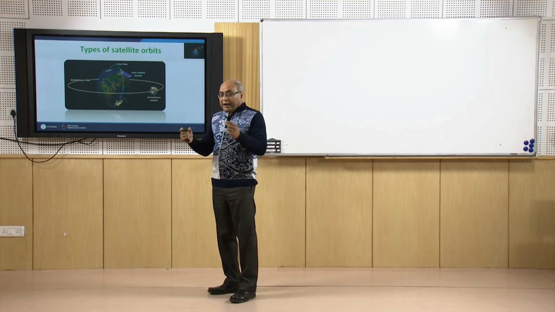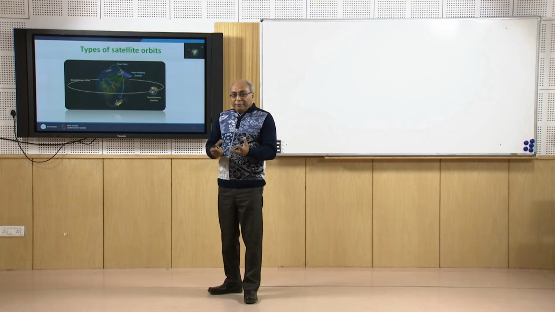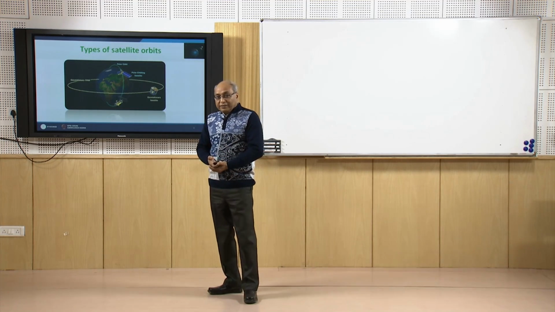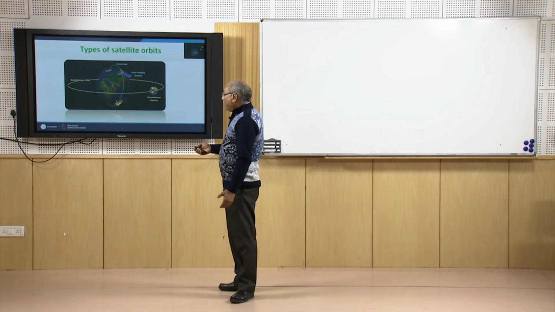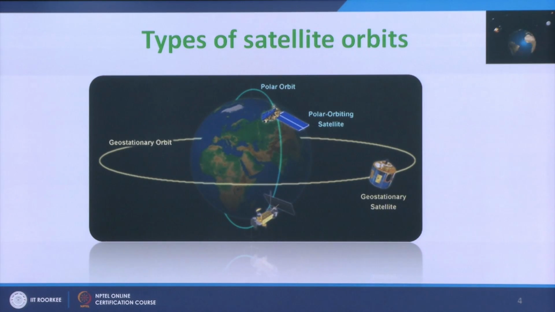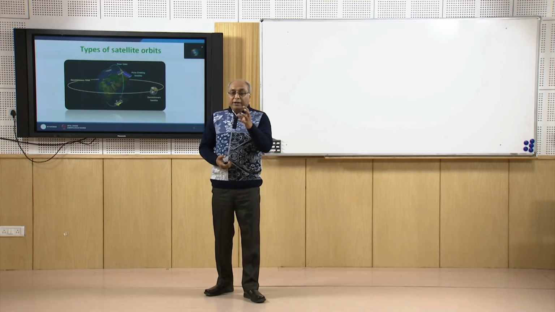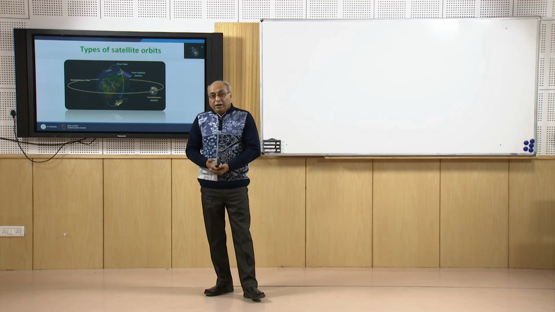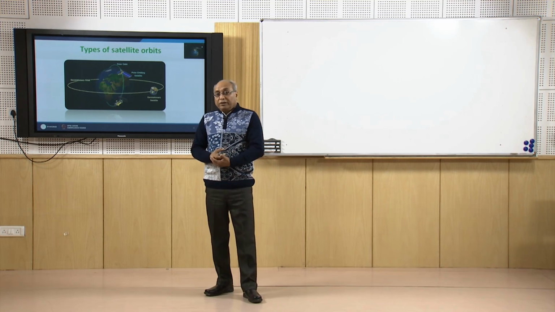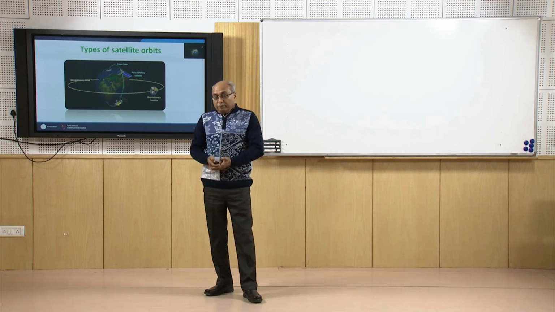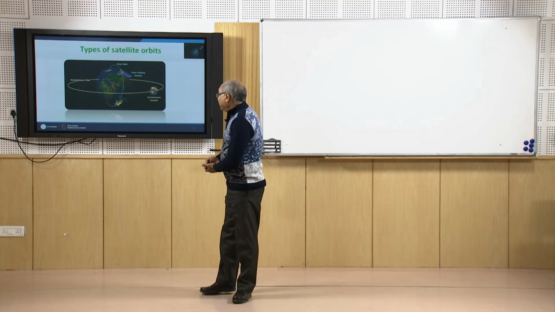So a complete envelope around the Earth has hundreds of such satellites of various countries, including India. Then another popular one is the geostationary, at about 36,000 kilometers distance. The purpose of these satellites is to focus on a small part of the Earth, and since they move along with the rotation of the Earth, we call them geostationary satellites.